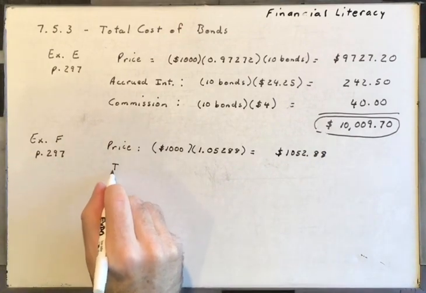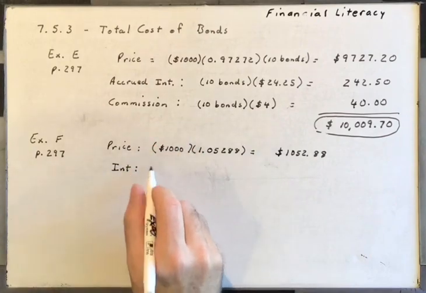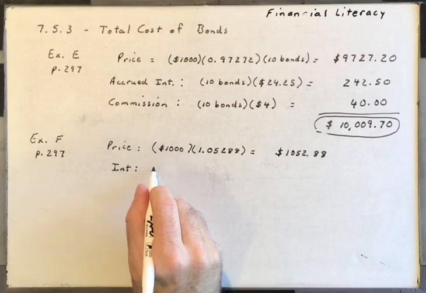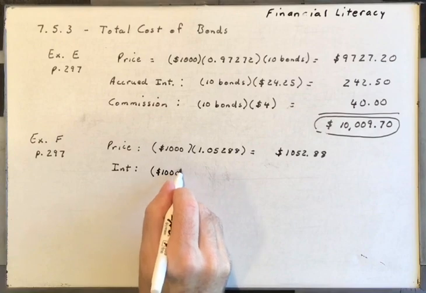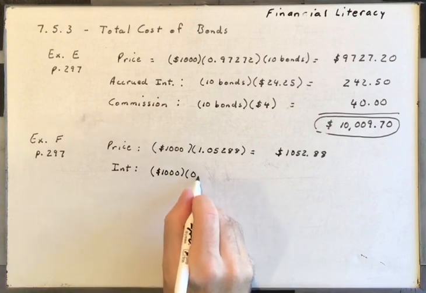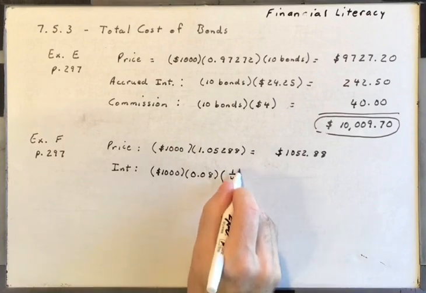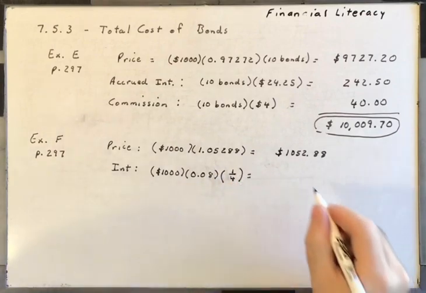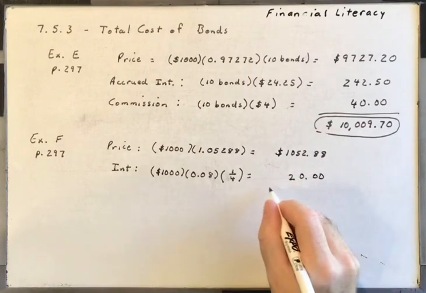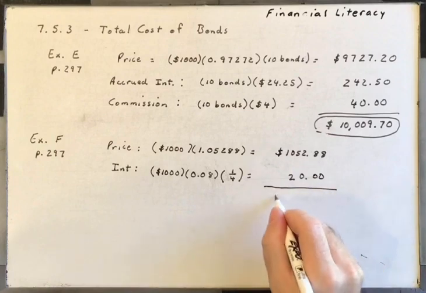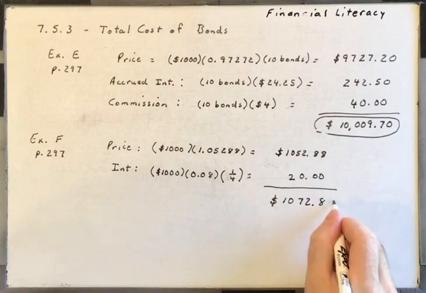And then the interest. In the previous problem, it just told you the interest. In this one, you have to use that PRT, the par value times the rate times the time. So it's $1,000 par value. Rate is 8%, and it was for 1 quarter of a year. So that's 20 smackers. That's $1,072.88.